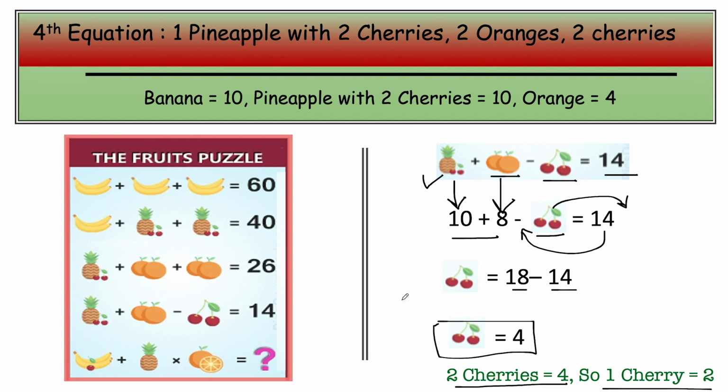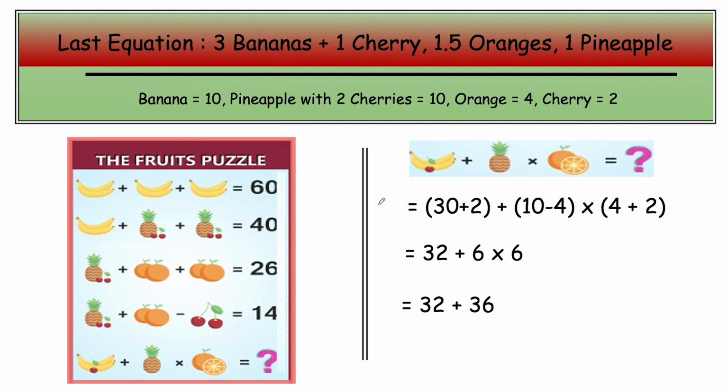So friends, we have every fruit value with us, that is banana equal to 10, pineapple with 2 cherries equal to 10, orange equal to 4 and 2 cherries equal to 4. Now moving on to our final equation, we'll keep every fruit value in the equation and find out the answer.